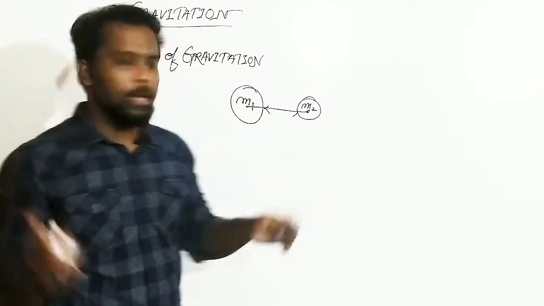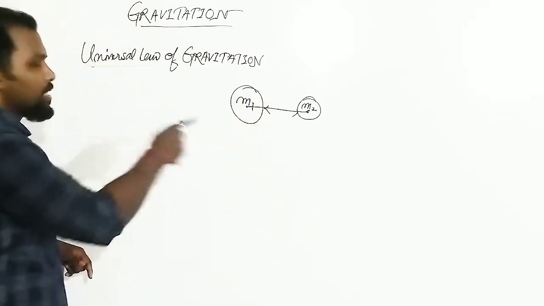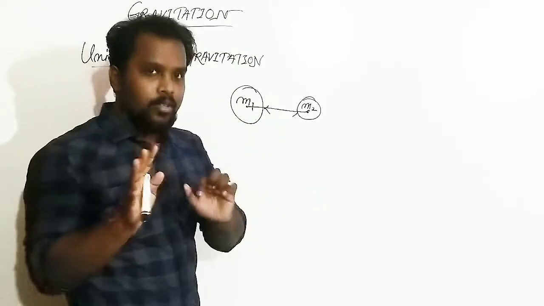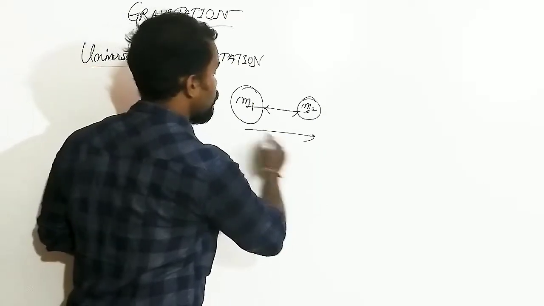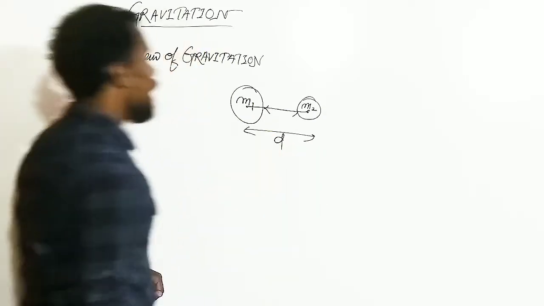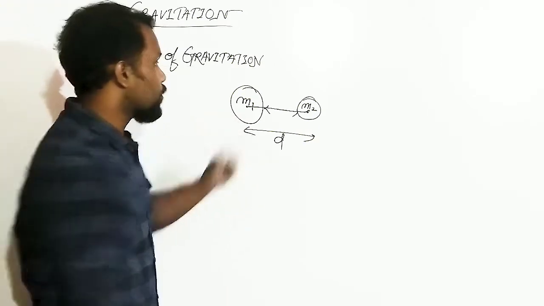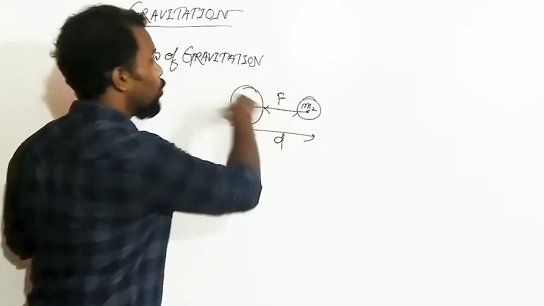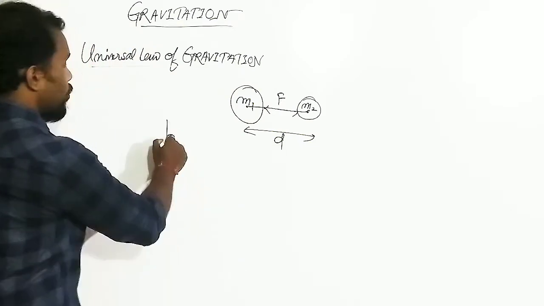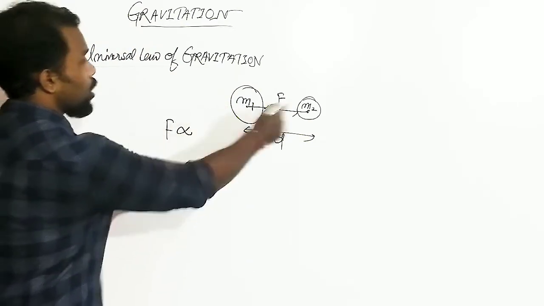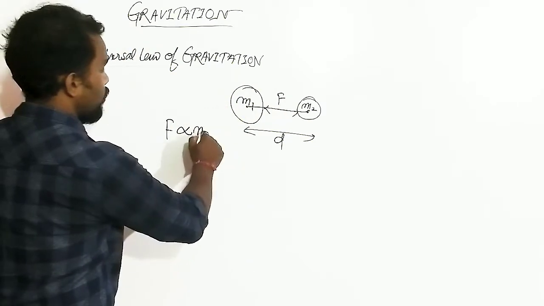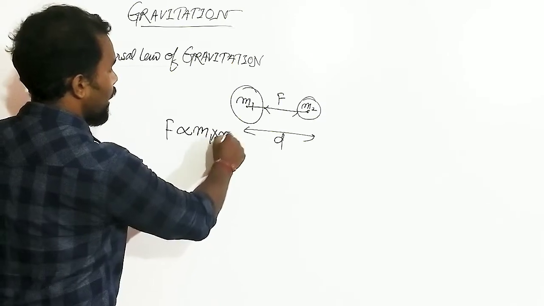That's how it works. Now this is how the gravitational force comes, and consider the distance between the two bodies as d. The universal law of gravitation says that the force continuously acting between the two bodies is directly proportional to the product of the two masses, that is m1 into m2.